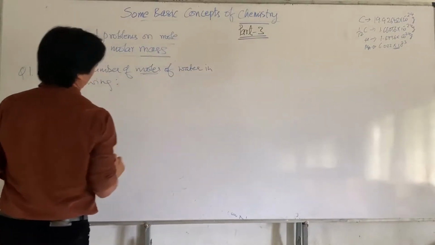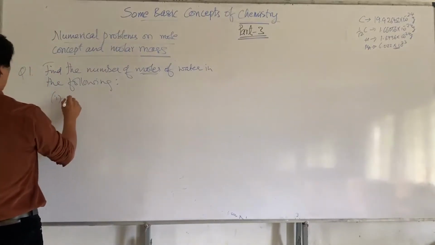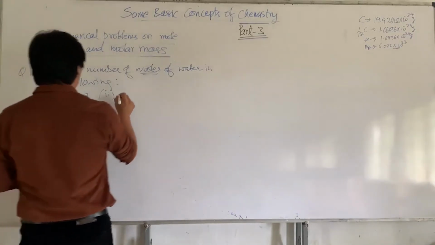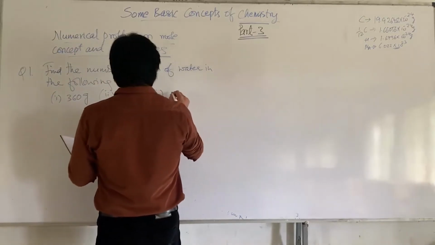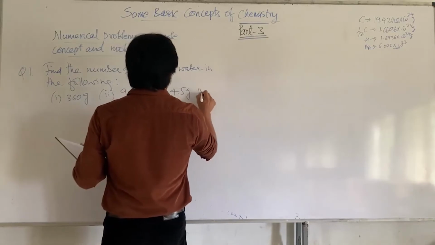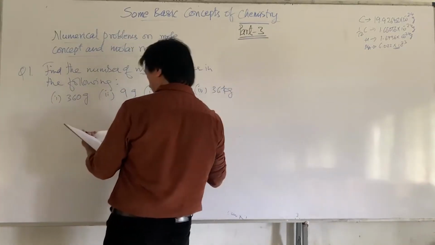You know how to find the number of moles, right? So the very first one, you are given 360 grams. The second one is just 9 grams. In the third one, you are given, I think it's 4.5 grams. And the fourth one, it is 36 kilograms.